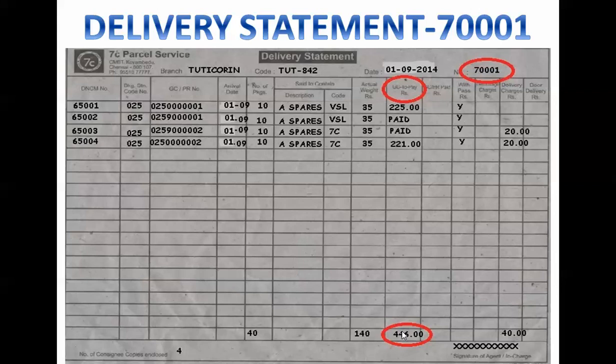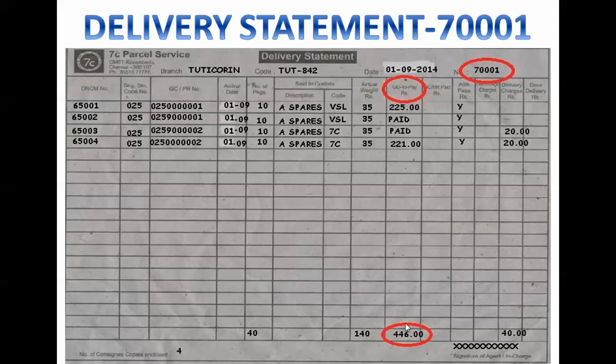In the delivery statement, Tuticorin branch collects the to pay amounts. That is, at the time of delivery, whatever to pay amounts he has received from the customer, he has to enter it here, and he will make a total of all the to pay consignments. The total comes to 446. So these are the amounts that he has collected through the delivery statement.